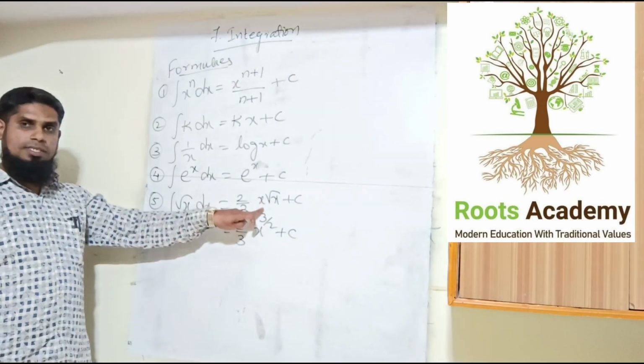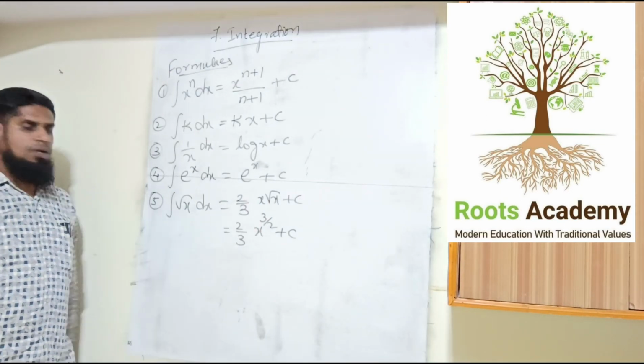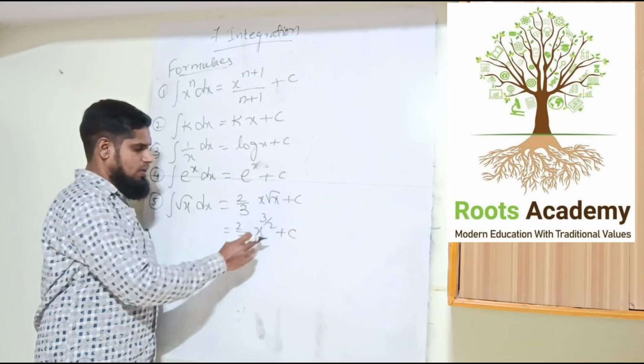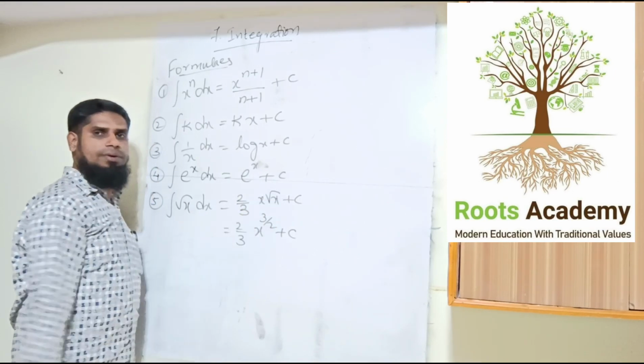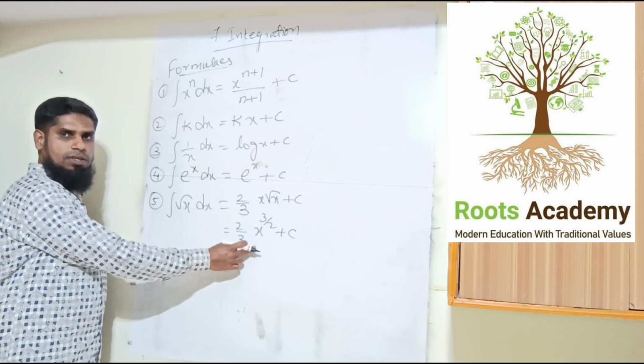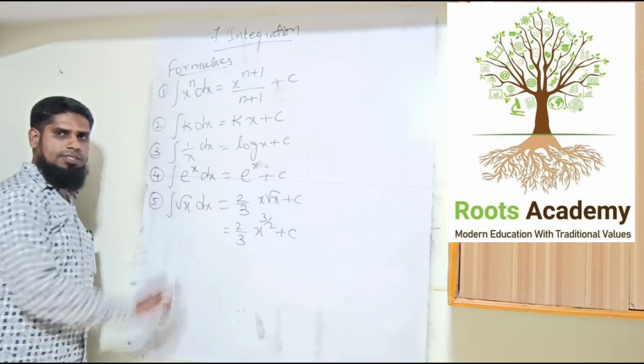Both are same. Here I just split 3 by 2 as 1 plus half, or directly I have taken x power 3 by 2. Same answer for integration of root x.